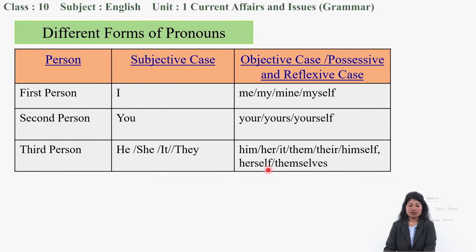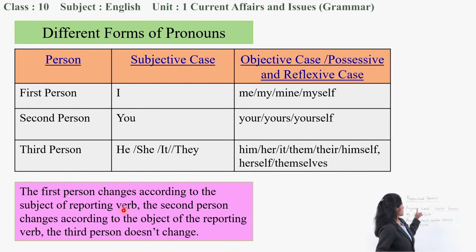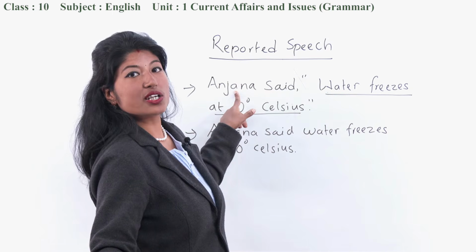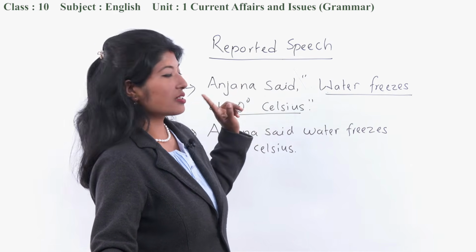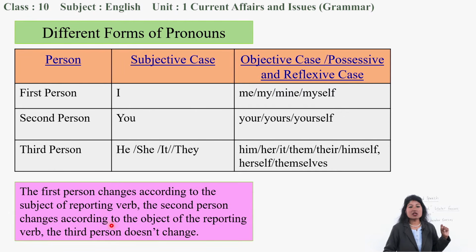So the first person changes according to the subject of the reporting verb. Do you remember the subject? Yes, Anjana. Anjana is the subject of the reporting verb. The second person changes according to the object of the reporting verb.